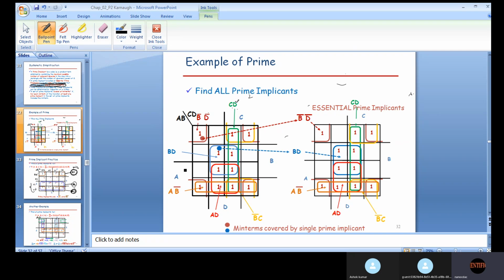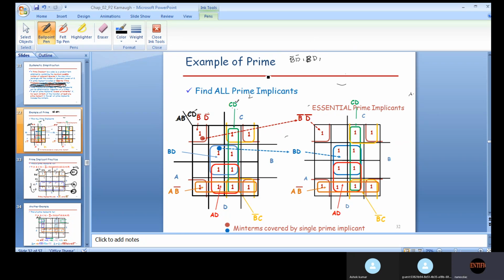See here, ఇప్పుడు మీకు 7 ఉన్నాయి కదా చూడండి. AC మీకు ఇప్పుడు చూడండి ఇక్కడ B bar, D bar, BD. Let me write all the prime implicants.